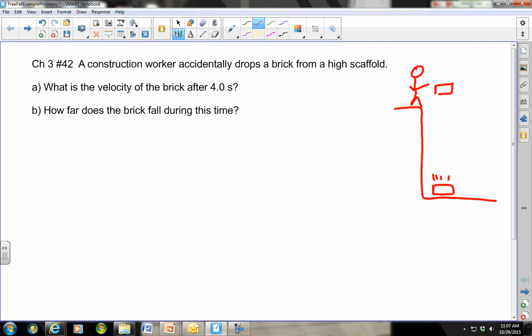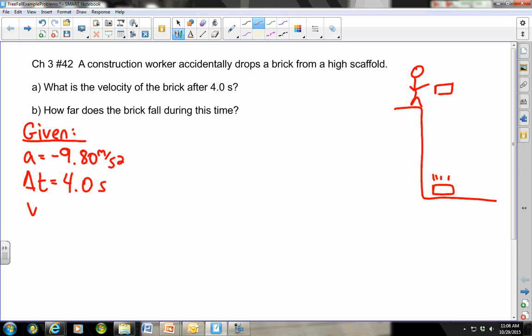Okay, so for the givens, especially for part A, we're always going to have negative 9.8 meters per second squared for all of these problems, whether the thing goes up or down. We have time here, which is 4 seconds. And then because it's dropped, we're also assuming initial velocity is 0. Okay, and we are trying to find VF for part A.